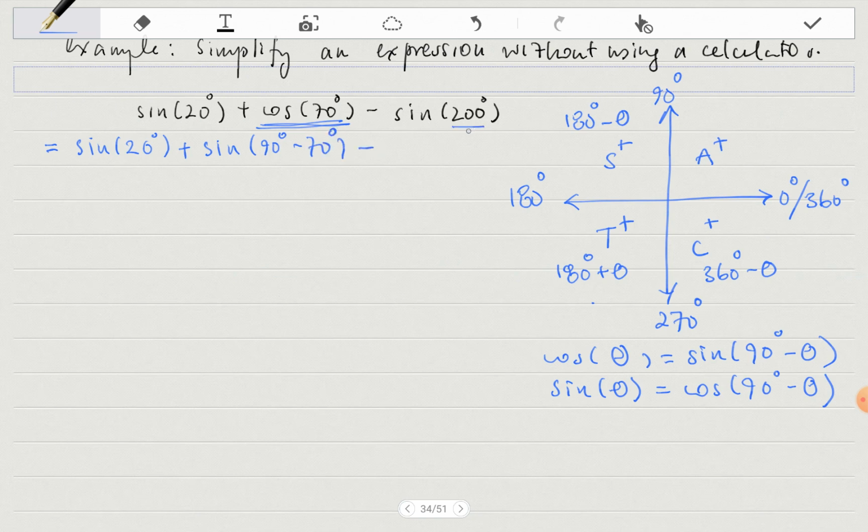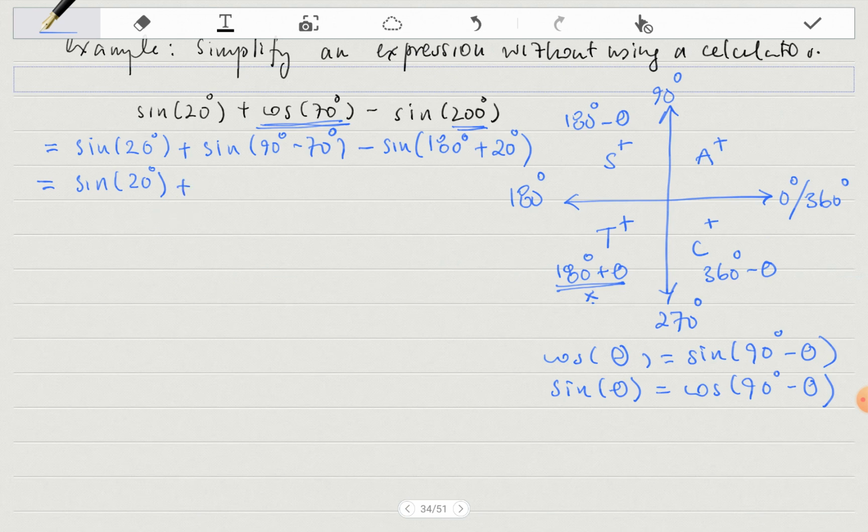Now 200 we know is going to be in the third quadrant, it's going to be here. So if we apply this formula, we'll get sine of 180 degrees plus 20 degrees. Simplifying that, we've got sine of 20 degrees right here, which you can't simplify.